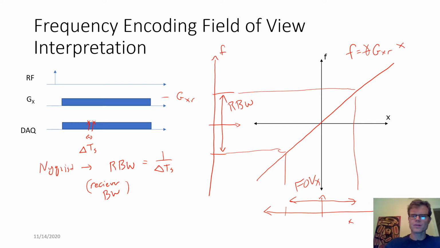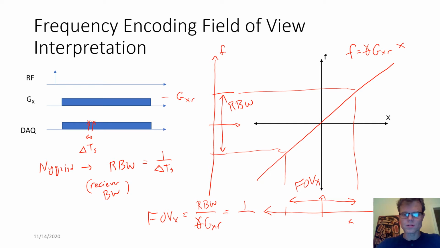And you can derive from this relationship here that the field of view in the X direction will be the receiver bandwidth divided by gamma bar times the readout gradient amplitude, or this is the same as rewriting it in terms of the sample spacing.